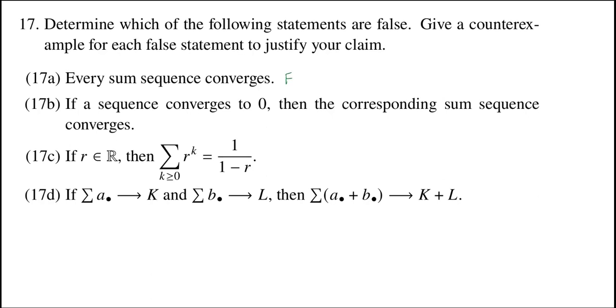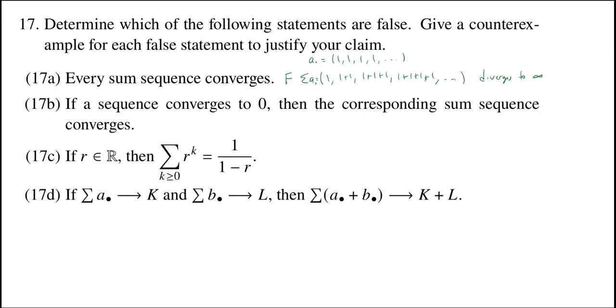An easy example is we could take the sum sequence 1, 1 plus 1, 1 plus 1 plus 1, 1 plus 1 plus 1 plus 1, etc., corresponding to the sequence a being the constant sequence 1, and so forth. And so this would be the sum sequence for a, and this just blows up. So this diverges to infinity. Okay, so that one's definitely false.